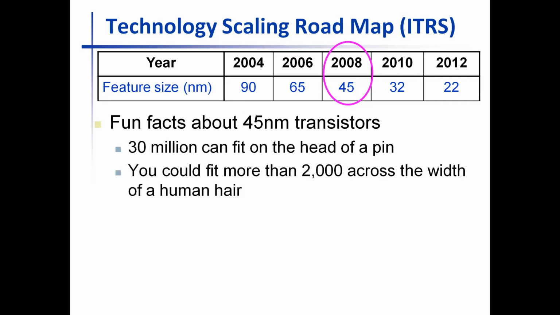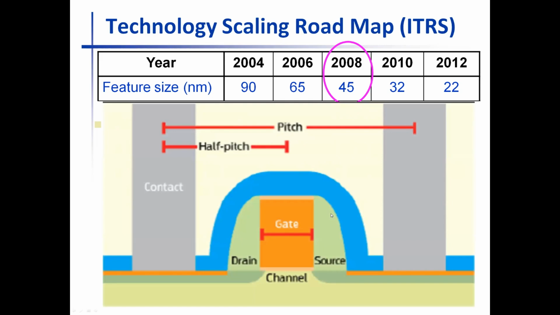And you could fit more than 2000 across the width of a human hair. Just some fun facts to point out how tiny a thing we are talking about, compared to, let's say, 40 or 50 years back, when transistors were first conceived. So these things are tiny.